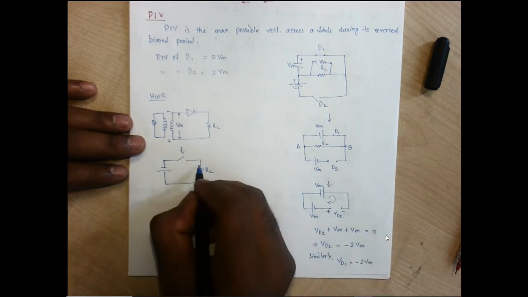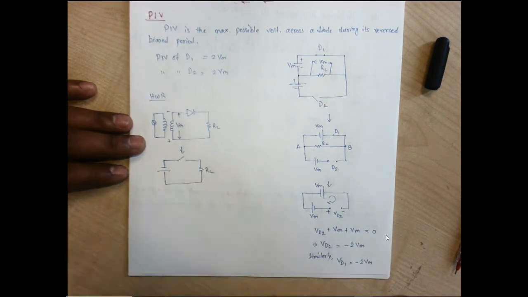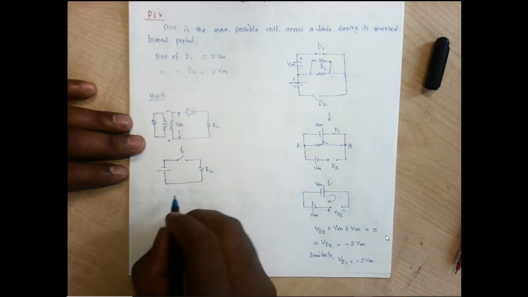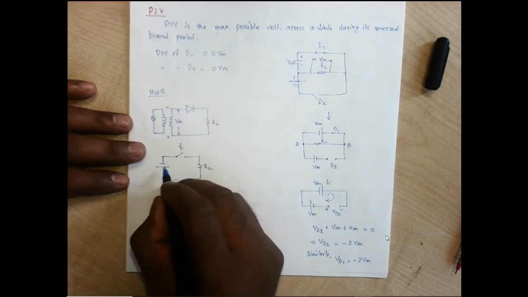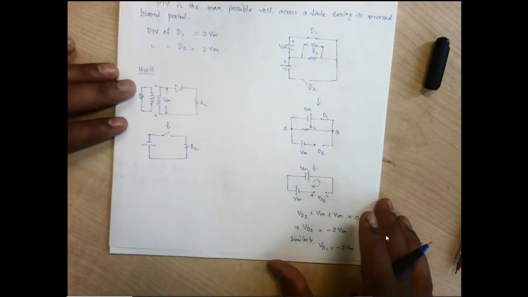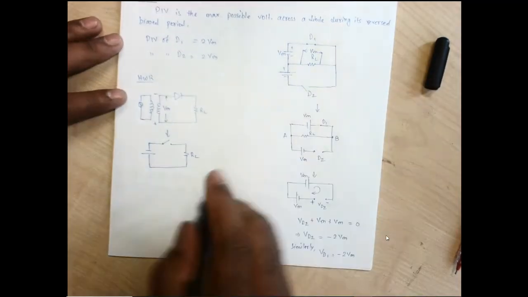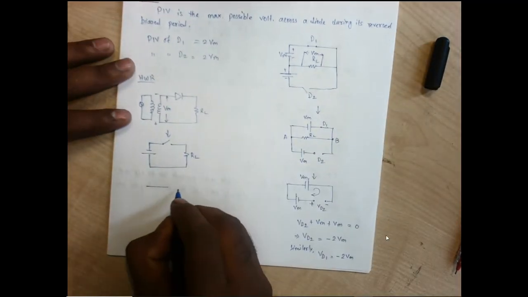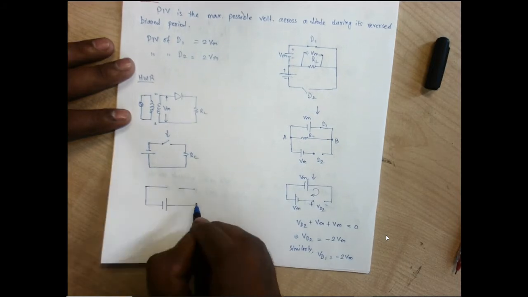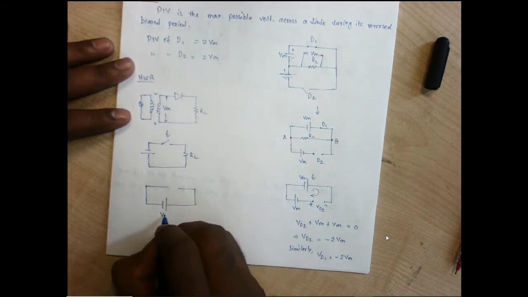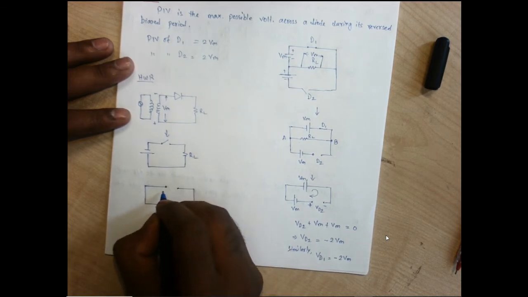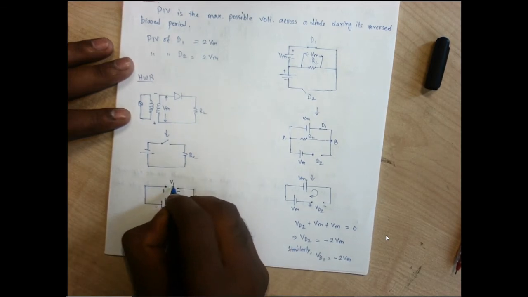So across this RL or this circuit, what will be the total voltage coming across these 2 points? No current is flowing, so RL is short circuited because no current is flowing on this open circuit path. So we can take this as simply an open circuit point, and around this a voltage source is connected. This is our Vm, minus plus, and this is the polarity of the diode, plus minus. Let us consider this is Vd.